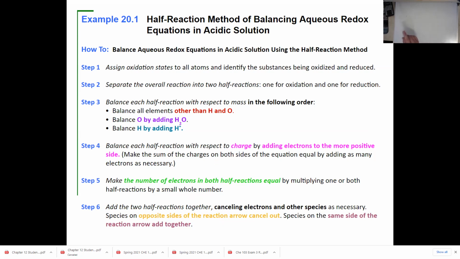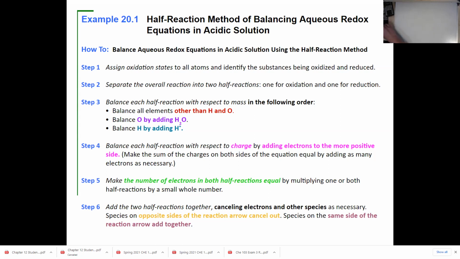If you have species that are the same on the same side of the reaction arrows, those will add together. So if you had hydrogen on the reactant side of your oxidation and on the reactant side of your reduction, those would add together. I think I said reactant and product when I did my last example.